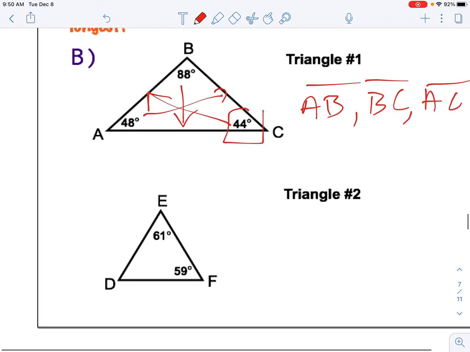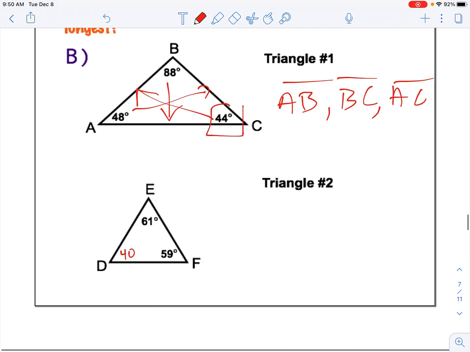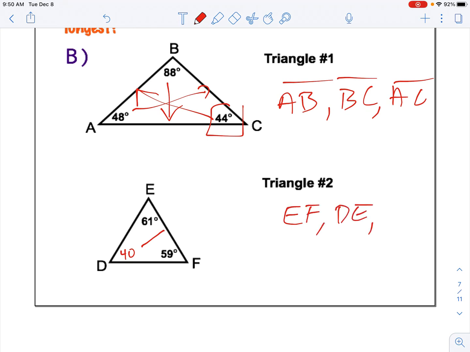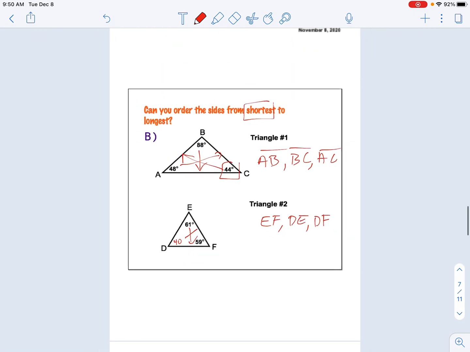All right, don't know what the third angle is, add them up, subtract from 180. We're talking about shortest again, so 40 is the shortest. DE's middle. DF is the longest. All right, pretty easy, pretty basic.